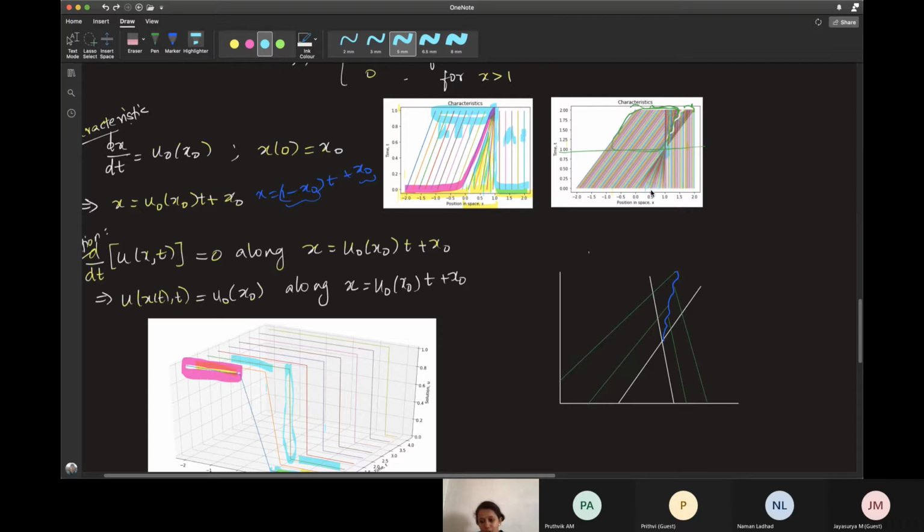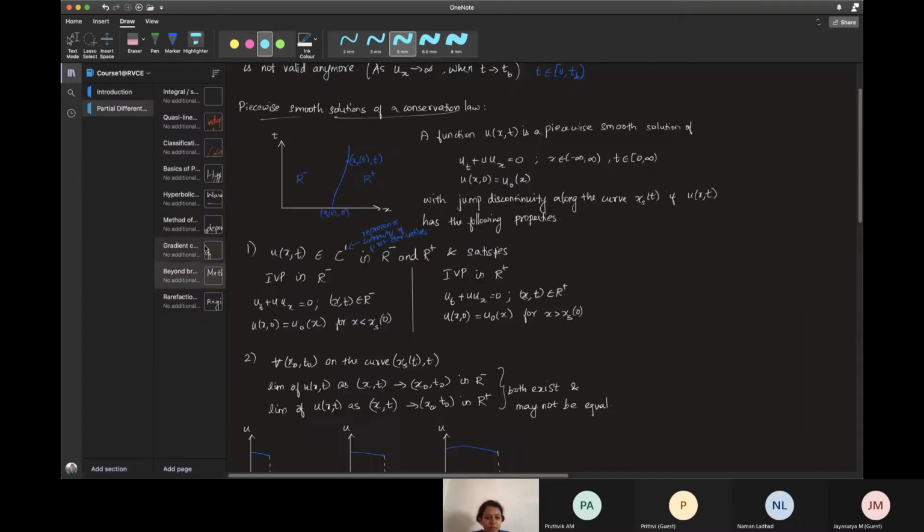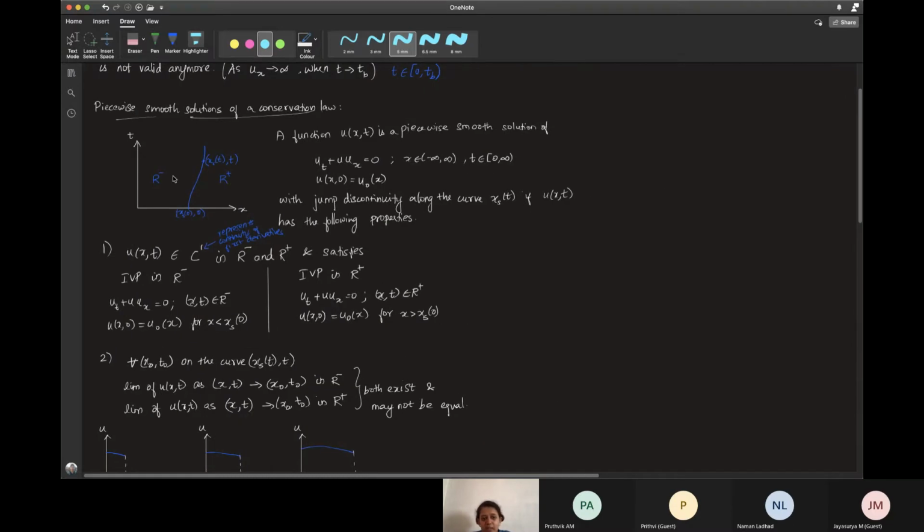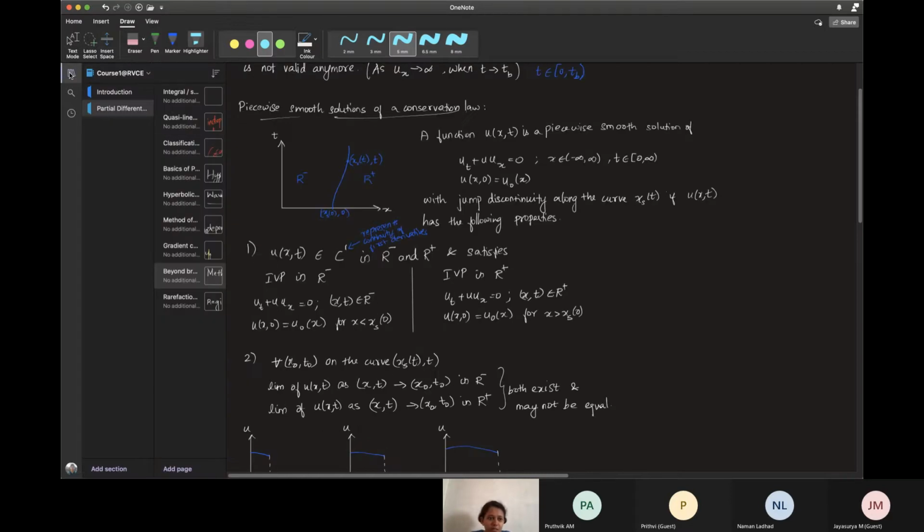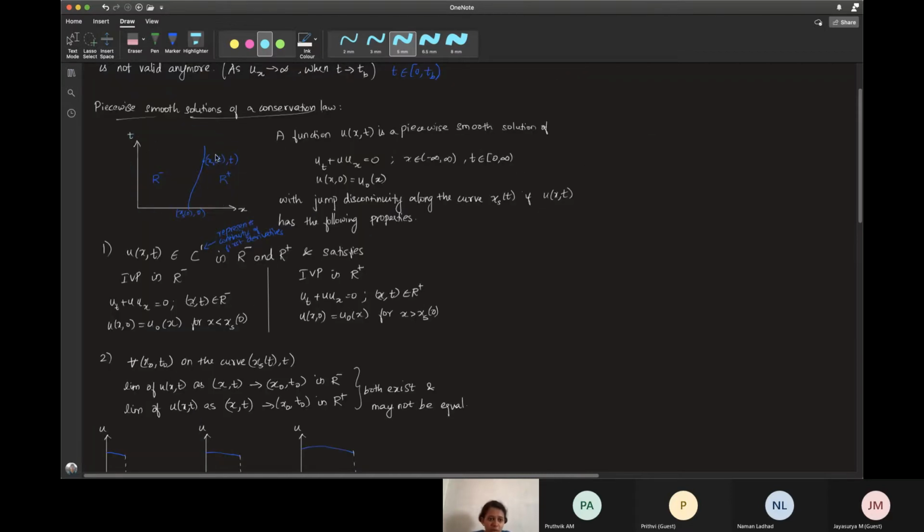You can have this gradient catastrophe occurring at the initial condition itself, that is at initial time itself. So here what we have done is we have drawn a characteristic, just identified some characteristic, and we are defining the solution to be piecewise continuous on the left and right of the characteristic. This picture that I've drawn over here can also be like this.